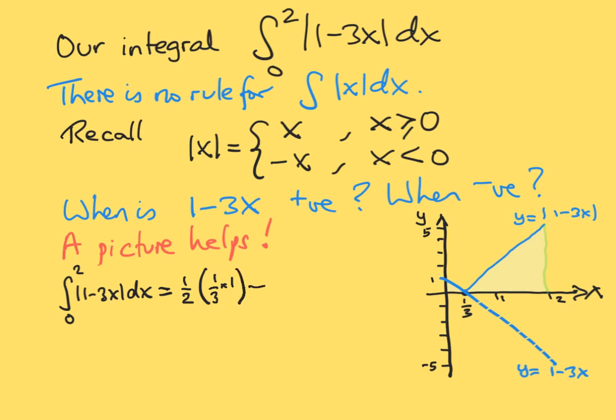And then for the second triangle, it's a half, and the height is 5, and the base is 1 plus 2/3, so that is 5/3. So the base is 5/3, and that's multiplied by 5, that's the height.